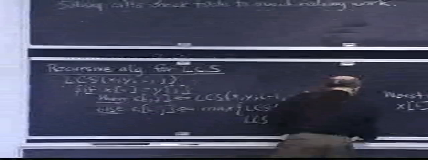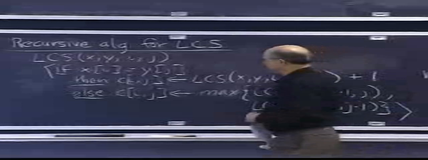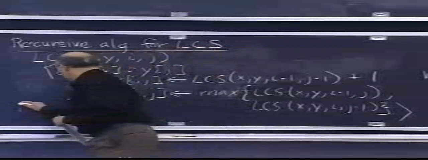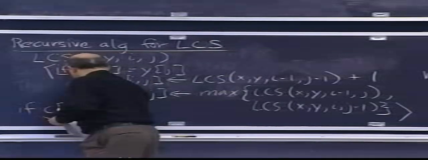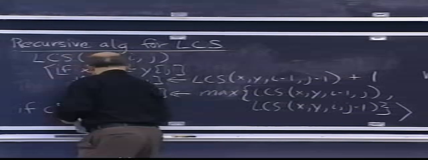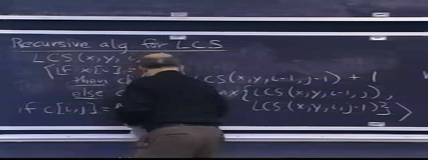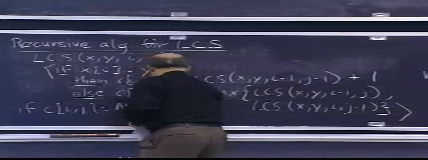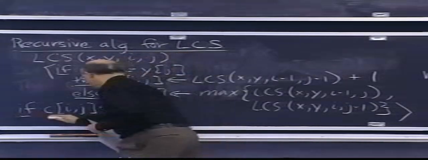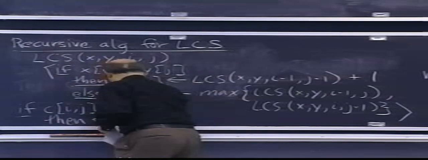So basically what I do is I wrap this whole thing, from here down to there, in a test that says if c[i, j] equals nil, then we do all that stuff.